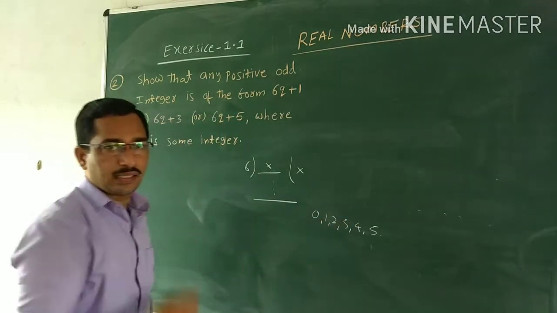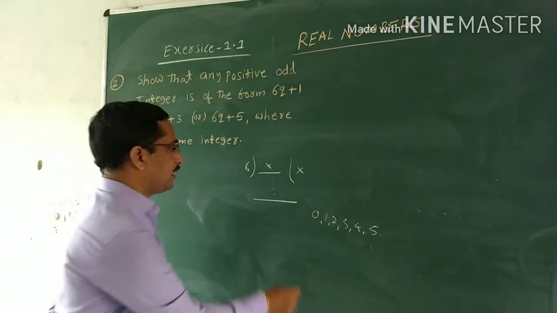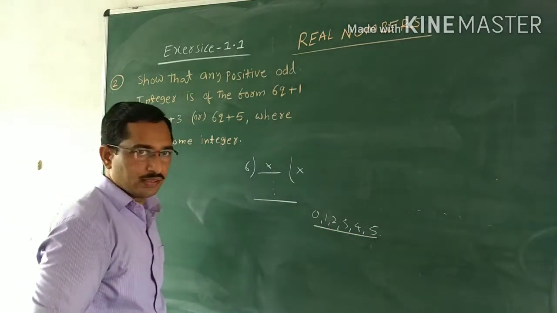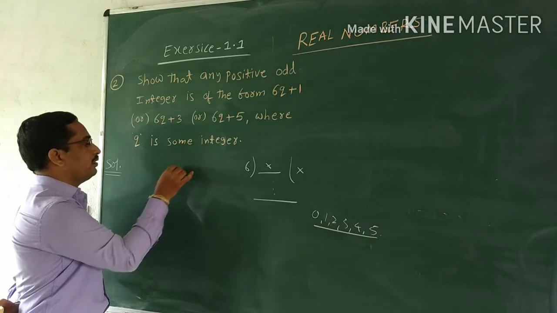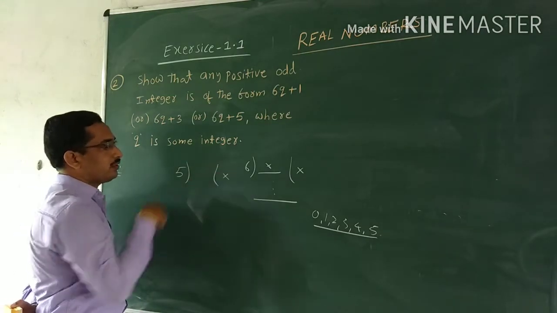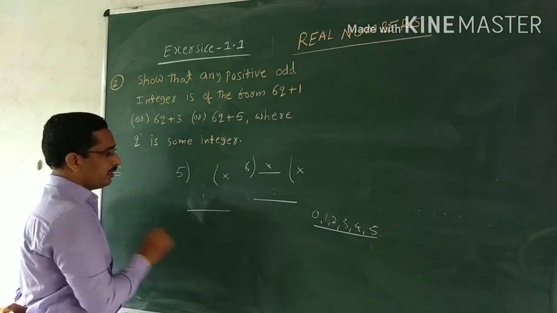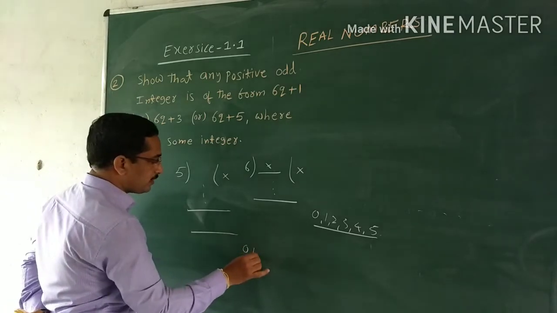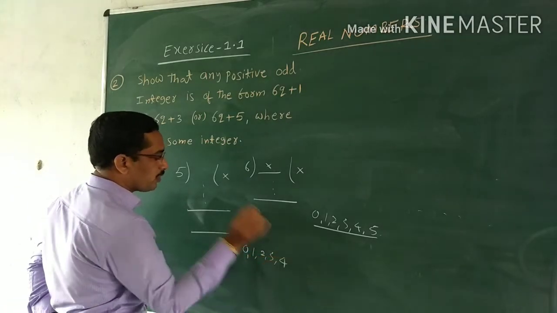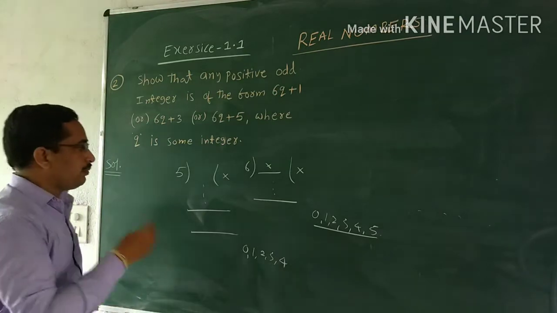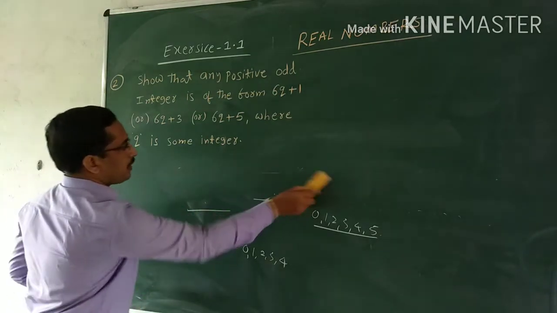The remainders are less than 6. So you can expect the remainder is any one of these. Not only 6, in the same way, if you divide any number with 5, here also we don't know the quotient, but we expect the remainders. The remainders are 0, 1, 2, 3, 4, up to 4. Now remember these two concepts related to this problem.